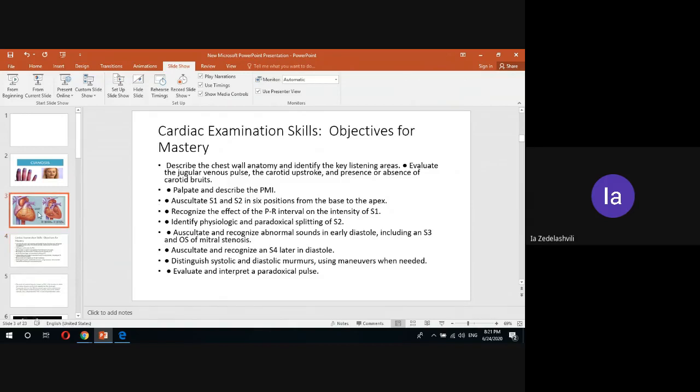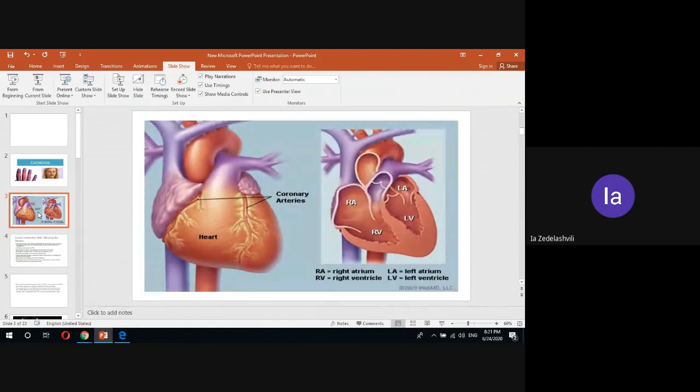Now let's take the heart and remember the position of the heart. The heart is not vertical as it is described in some books, not medical but common biological books, where it is given that the heart is hanging in a slightly left position.